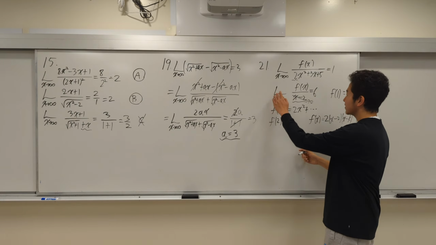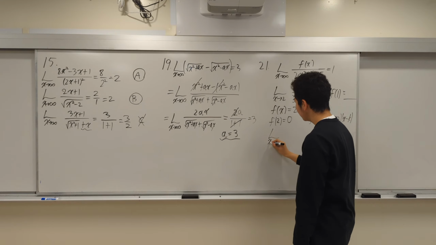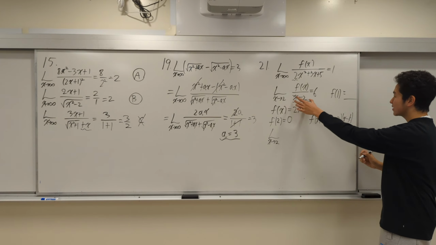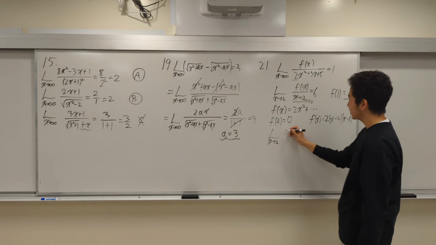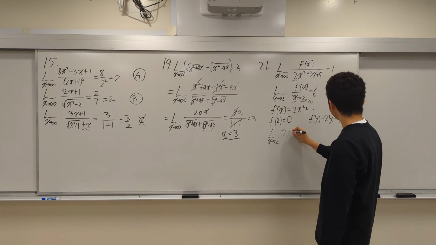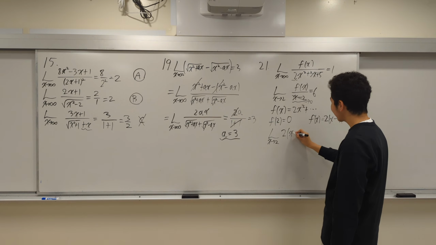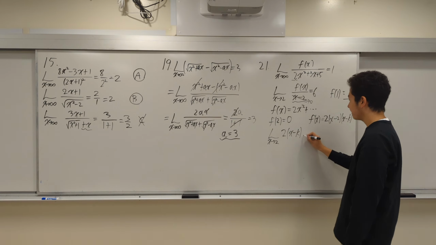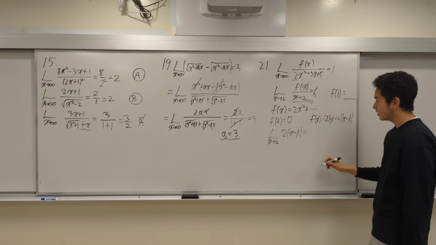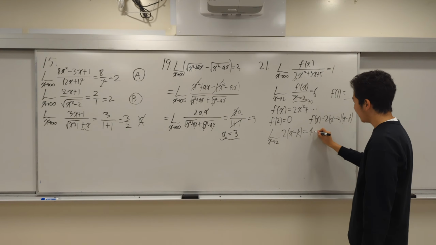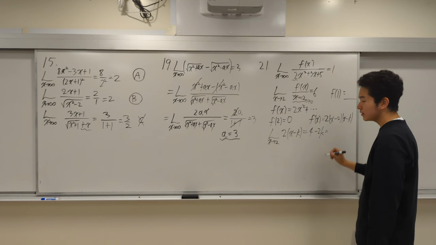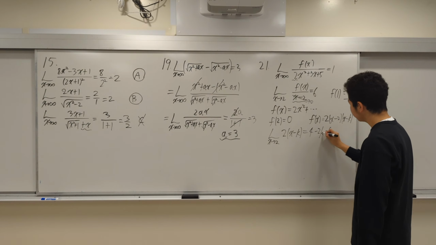So let's focus on the second limit and plug it back in. So x minus 2 factors out. So the resulting limit is limit x goes to 2 of 2 times x minus k, at which point you can plug in, which is 4 minus 2k, and that has to equal 6.